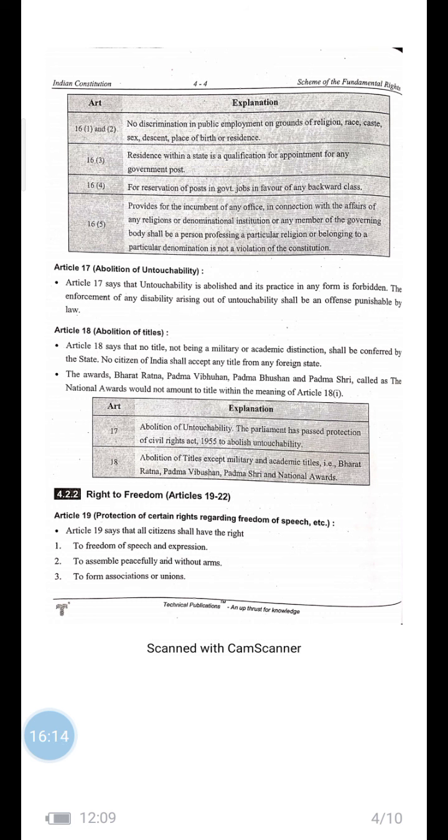Article 19 says that all citizens shall have a right, first of all, to freedom of speech and expression. Second, to assemble peaceably and without arms. Third, to form associations or unions. So these are the rights of the people, so that we can speak freely, without unlawful activities.